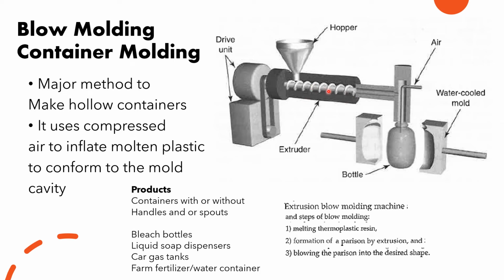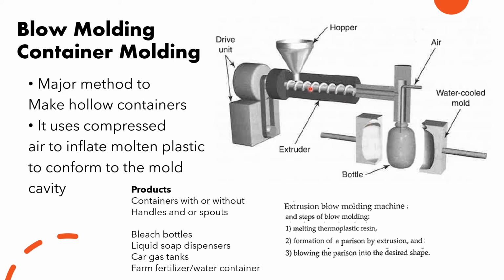This method uses compressed air to inflate that molten plastic, coming in from your hopper, to conform to the mold cavity here. So this is your air route. And you can see here there's a label. And here, that's your bottle that you just molded.